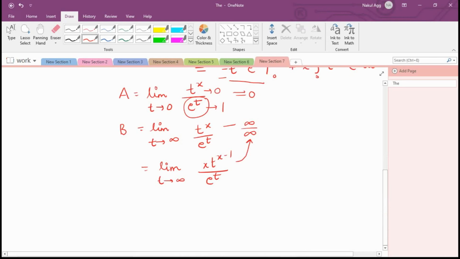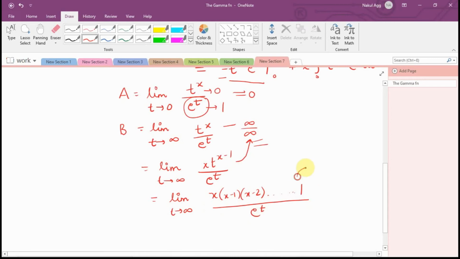So we can go on differentiating both the numerator and the denominator again and again until we do not have this form. On repeated application of L'Hospital's rule, we have x into x minus 1, then x minus 2, up to, finally, 1 over e raised to power t.